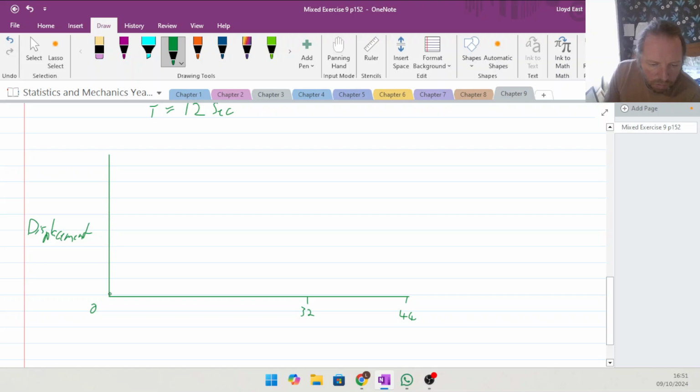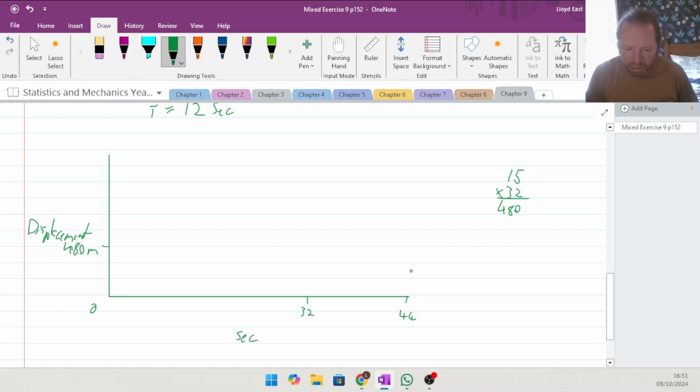So we know as we come up here, we will have been doing 15 meters a second for 32 seconds. So as we come along there, we end up with 32 times 15, 480 meters.